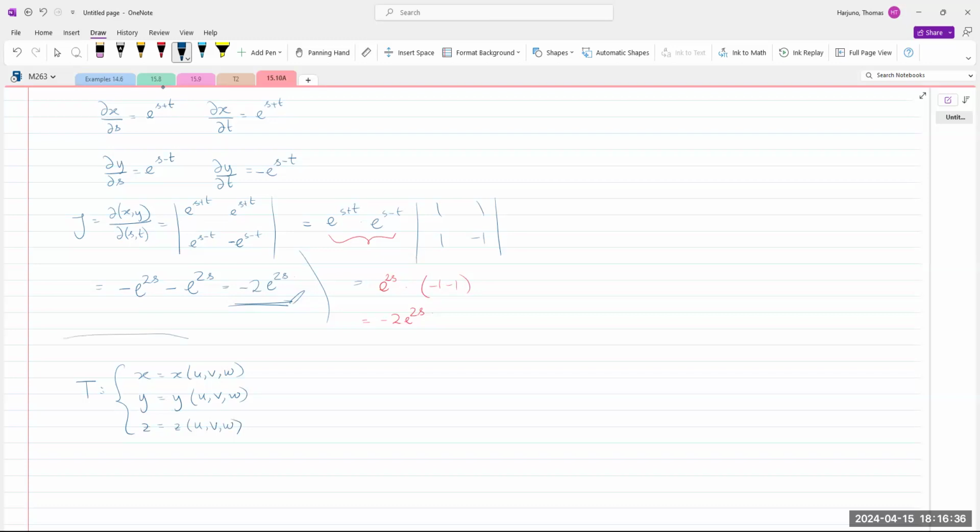Then our Jacobian, denoted by ∂(x,y,z)/∂(u,phi,w), is defined to be a 3 by 3 determinant of ∂x/∂u, ∂x/∂phi, ∂x/∂w, ∂y/∂u, ∂y/∂phi, ∂y/∂w, and ∂z/∂u, ∂z/∂phi, ∂z/∂w.